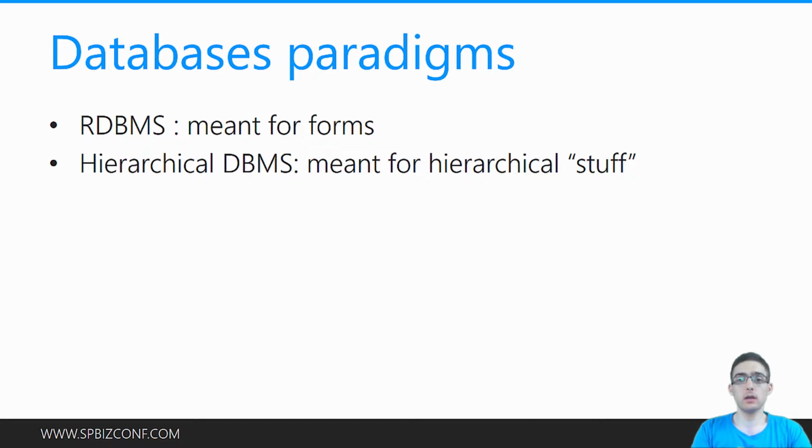Then you have the hierarchical database management system. That's meant for hierarchical stuff. Imagine, for example, the Active Directory. Imagine other things like that. The data is stored in a hierarchy. Something belongs to something else. Like the taxonomy term store from SharePoint.